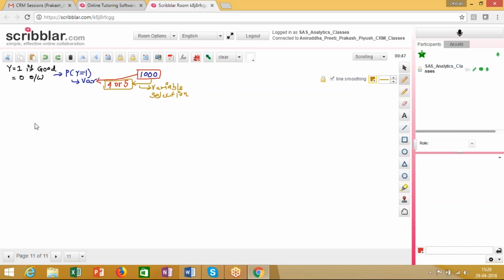What do you think? So what should I keep in mind when I'm selecting variables? Say suppose out of 1,000 variables, I give you a variable x1.